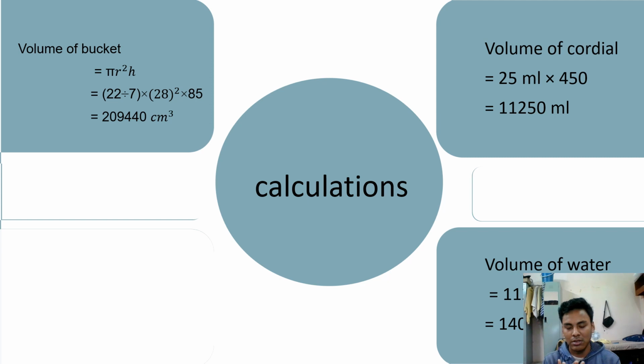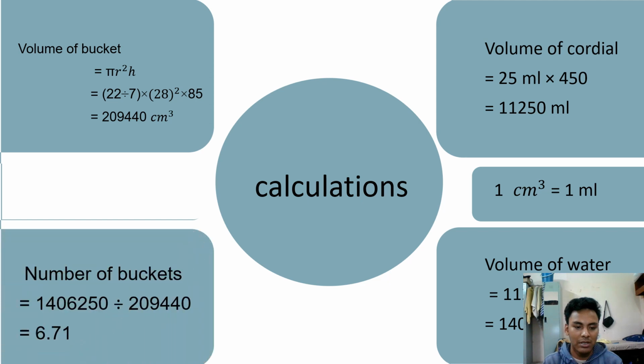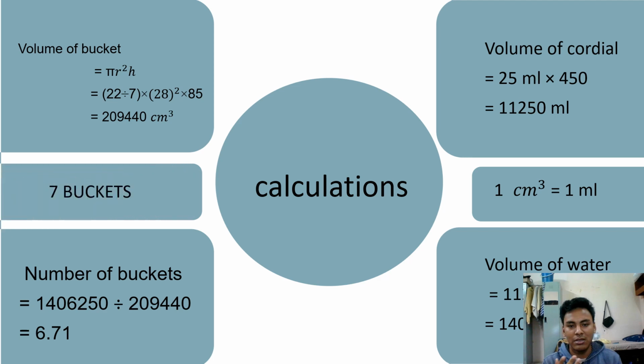And as you know, 1 centimeter cubed is equal to 1 milliliter, and thus the number of buckets that we can have is 6.71, and rounded up it is 7 buckets in total. Thank you.